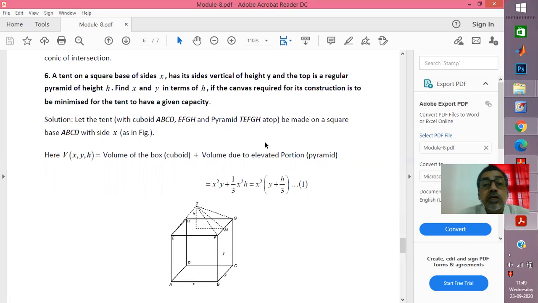What is known is that the volume of the tent is fixed. That is what you can read from the question. The capacity of the tent is constant, but you have to minimize the surface area.